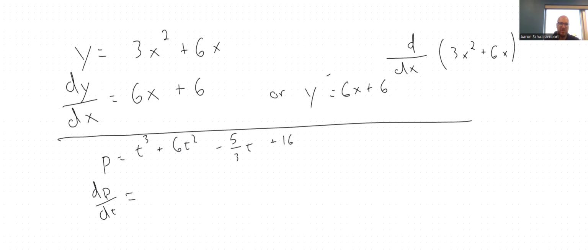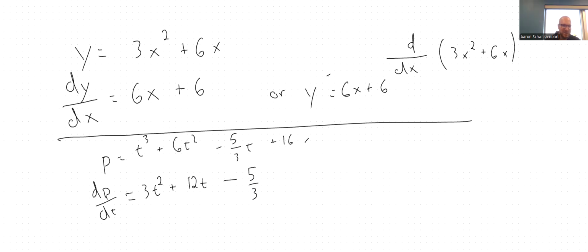So the derivative of t cubed, 3t squared. Bring the 3 in front, multiply it by the 1 that's there, reduce the power by 1. I'm going to write this in another color.